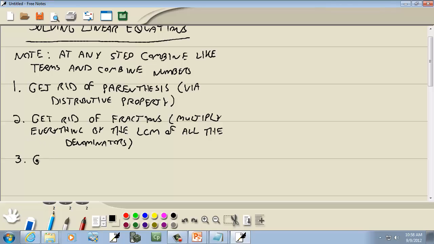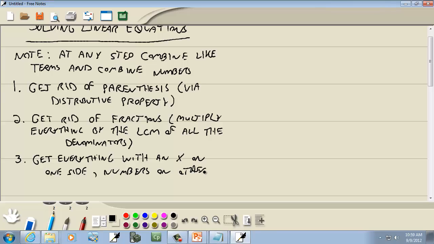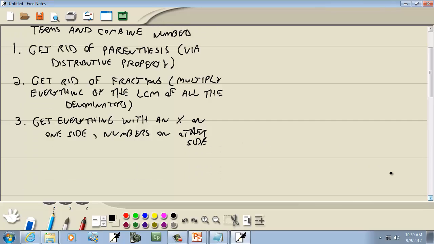Third step. Get everything with an X on one side, numbers on the other side.